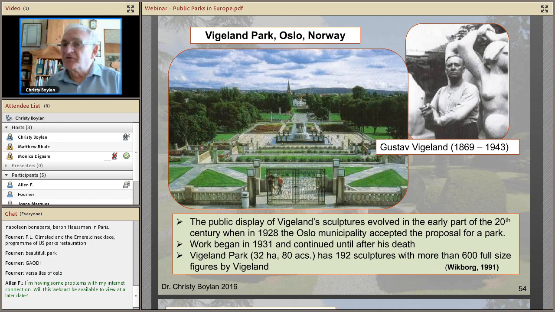Now we move up to Scandinavia, and in Malmö the first large park to be established is known as Kungsparken, and it was opened in 1872 by the Swedish King Oscar II, and it was designed by a Danish man, Ove, I think they call him, and it took inspiration from the English landscape gardens again.